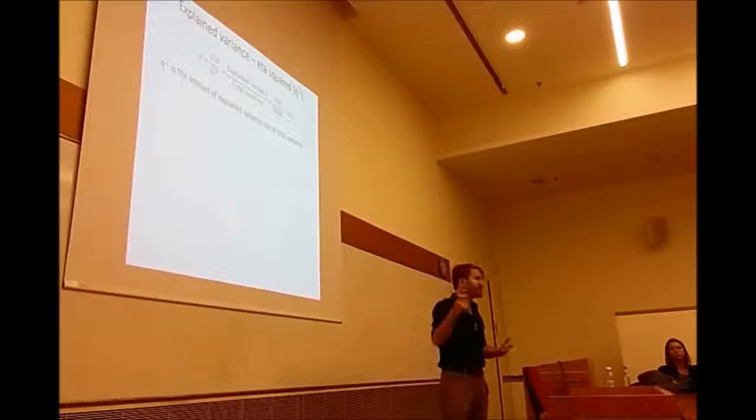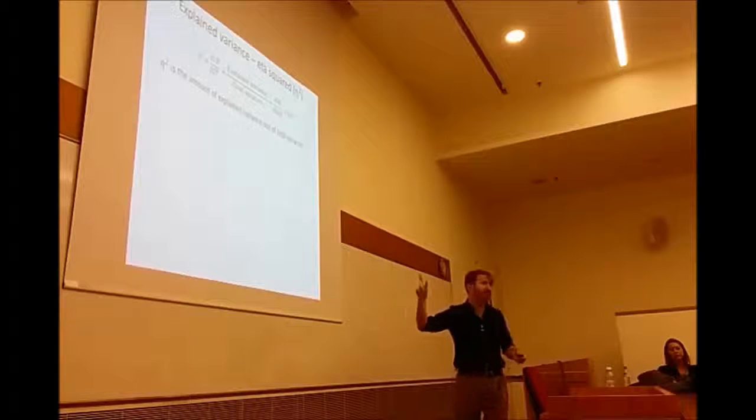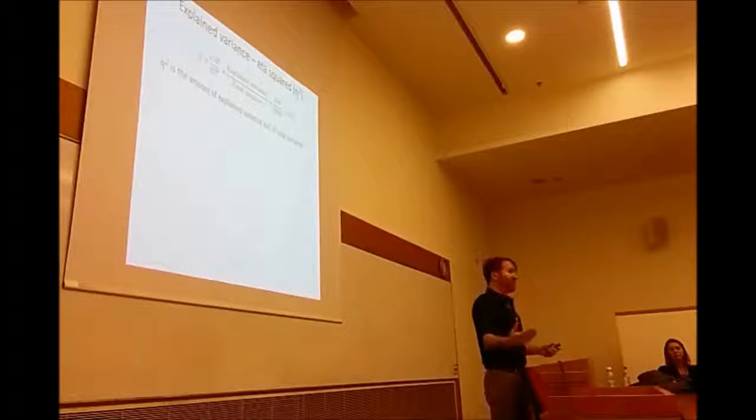In this case, we got 0.07, 7% of the total variance is explained. Now, this measure is an additional measure to the significance, right? It's obviously related. A very significant result will also have a large eta squared.